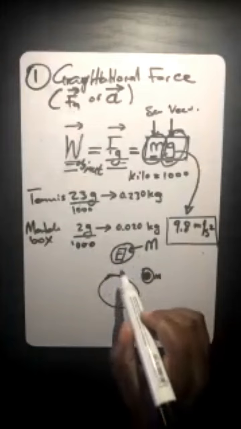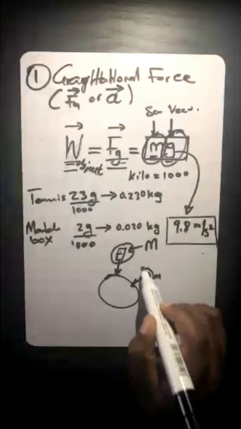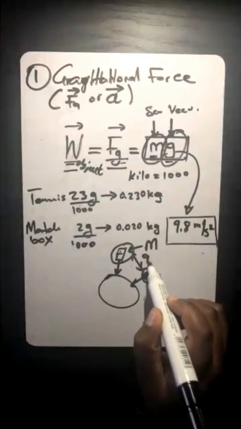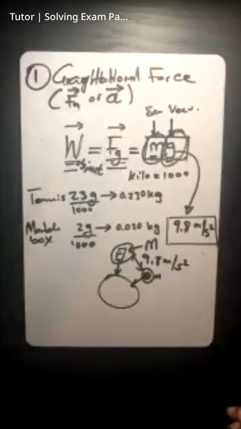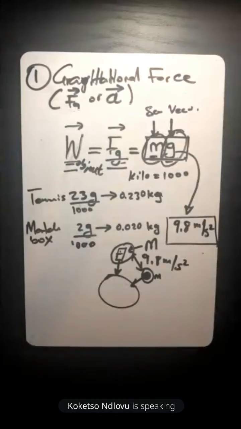But in terms of the acceleration towards the earth, the acceleration for both is the same and is 9.8 meters per second squared. Do you guys agree or understand that statement? Yes, sir.